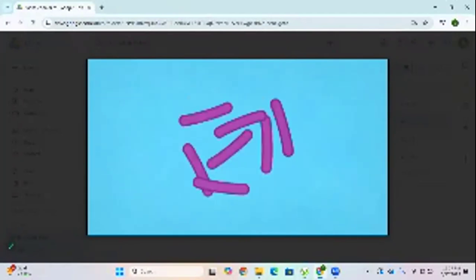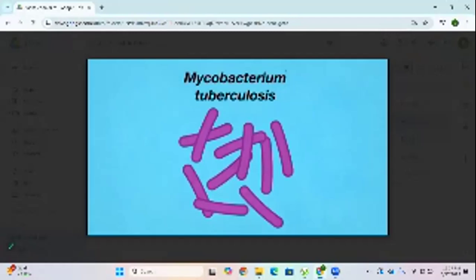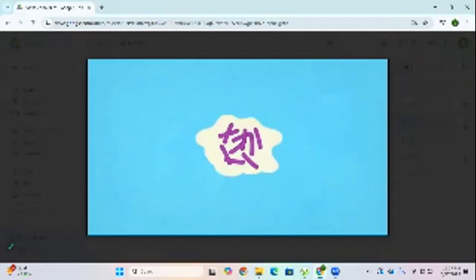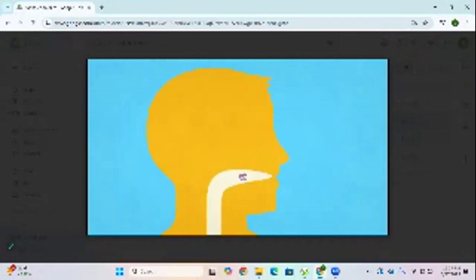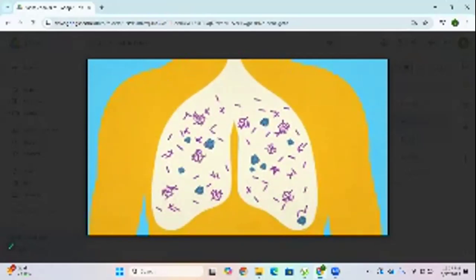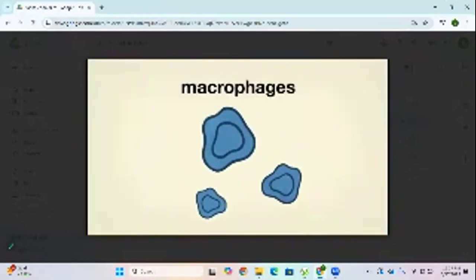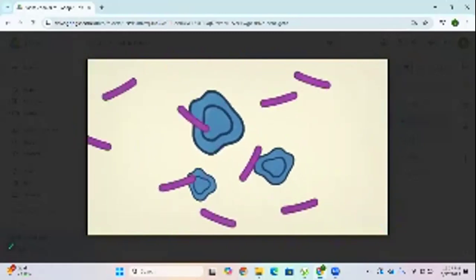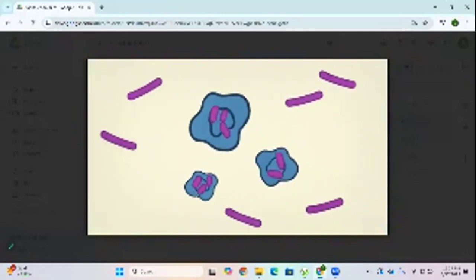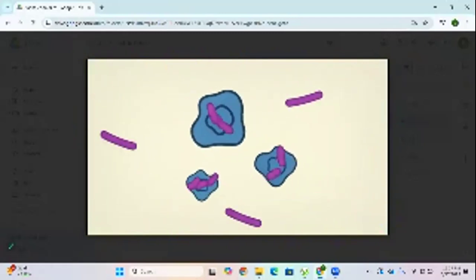Typically, TB bacteria, called Mycobacterium tuberculosis, are airborne. They travel into our airways and infect our lungs. Here, immune cells called macrophages rush to the infection site, attempting to absorb and break down the bacterial invaders.